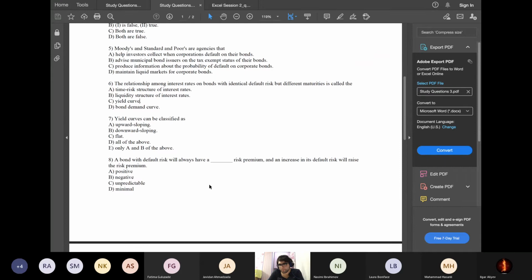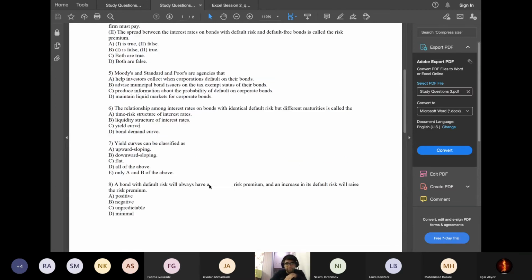It depends on inflation. If inflation is expected to go up, the yield curve will be upward sloping. If inflation is expected to go down in the long term, the yield curve will be downward sloping. But if inflation is expected to stay the same, the yield curve will be flat. No change in the curve. Is it clear?